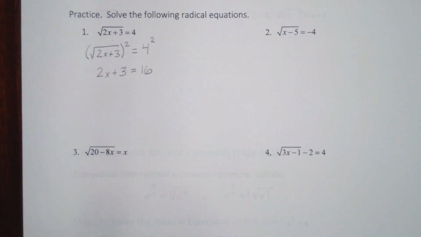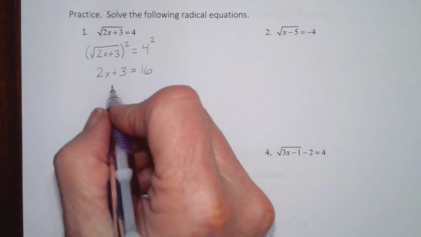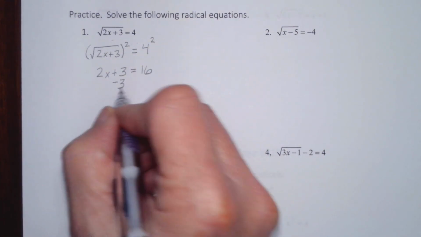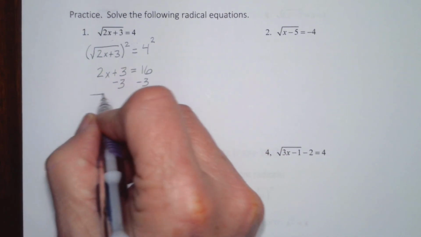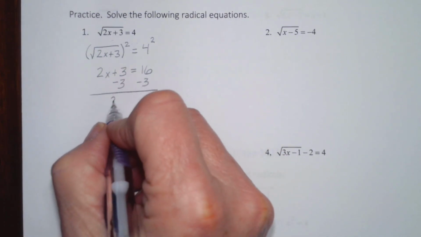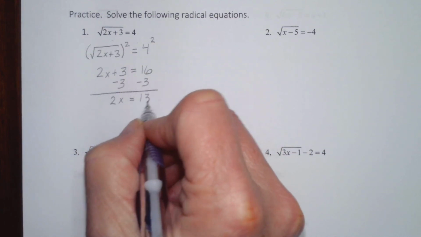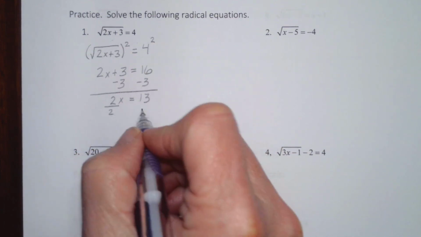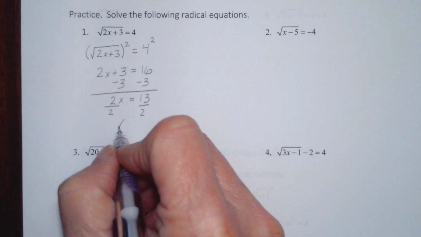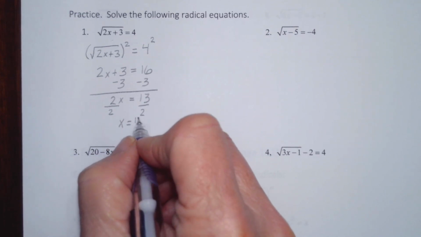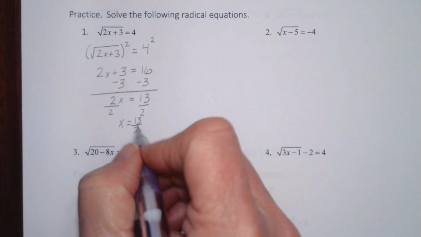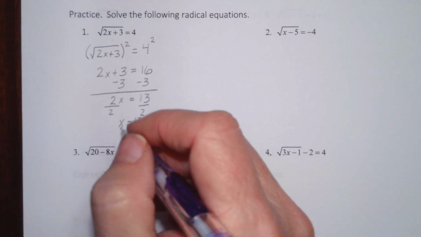Now we're into our solving skills, where we subtract 3 from both sides. Then we end up with 2x equals 13. Then we divide both sides by 2, so x is equal to 13 over 2. We're just going to leave that as a fraction.